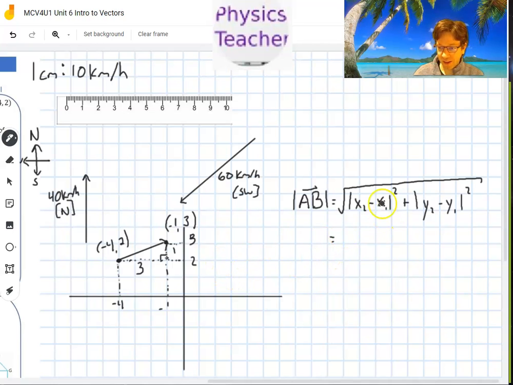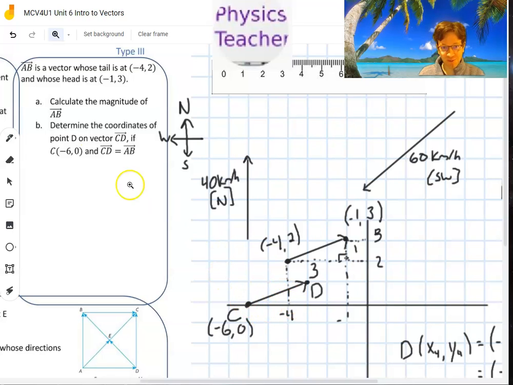Which we figured out would be difference in our x values is -4 minus -1, which is -3, but we care about the length, so I have the absolute value. Even if you don't have the absolute value, you're squaring it anyway, so you'll be fine. So we have 3 squared, and then the difference here is 1, so plus 1 squared. That leaves us with 9 plus 1, which is the square root of 10. So the magnitude of this vector is the square root of 10.